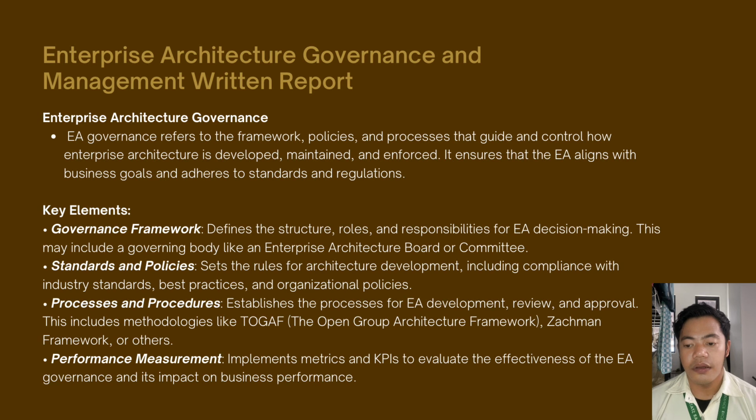Processes and procedures establishes the processes for EA development, review, and approval. These include methodologies like TOGAF, the Open Group Architecture Framework, Zachman Framework, or others. Performance measurement implements metrics and KPIs to evaluate the effectiveness of the EA governance and its impact on business performance.